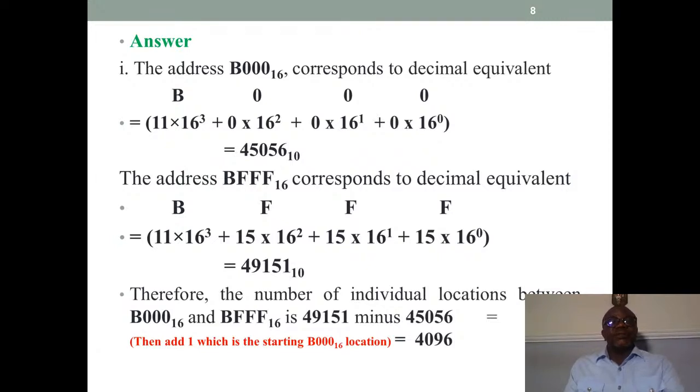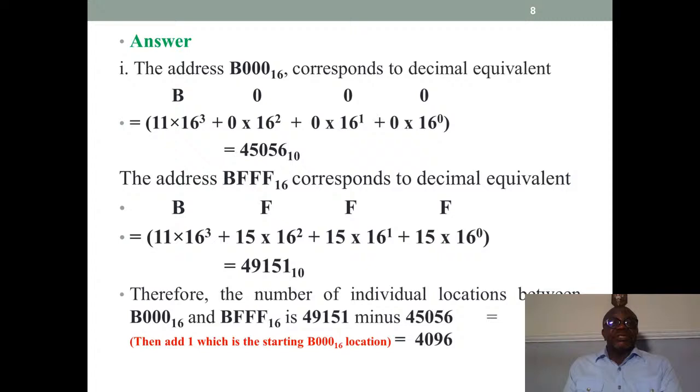But the fourth one, which is 16 raised to power 3, has a weighting of B, which is 11. So 16 raised to power 3 times 11 gives us 45,056. So 45056 in base 10 is the beginning of the address location.